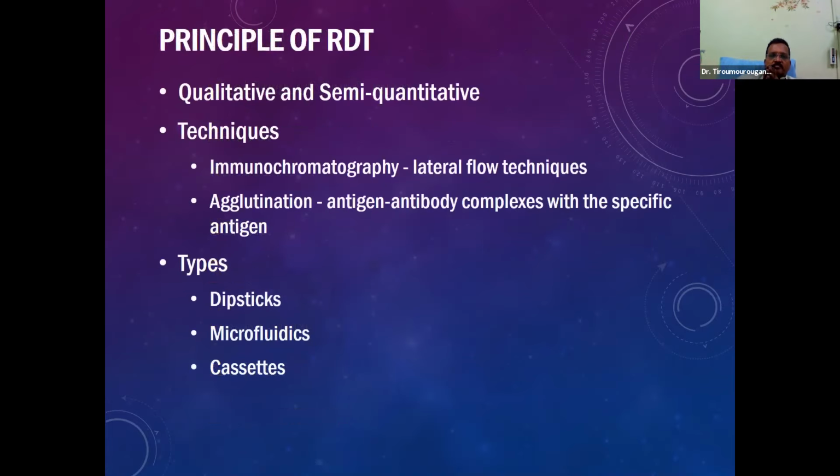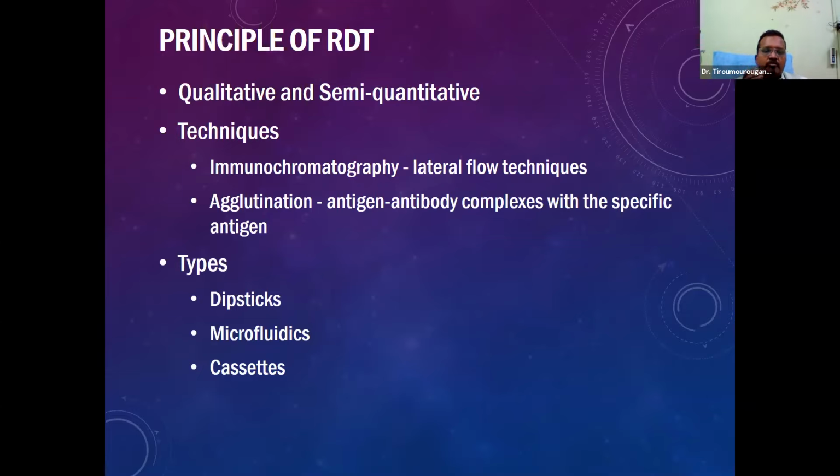So keeping all this in mind, we now need to look at the tests we are going to come across. Always think of the ASSURED, or the minimum ASSURED, or at least the REASSURED criteria. Now most rapid diagnostic tests, RDTs, are qualitative. Some of them can be made quantitative or semi-quantitative by using readers, but the majority are qualitative.